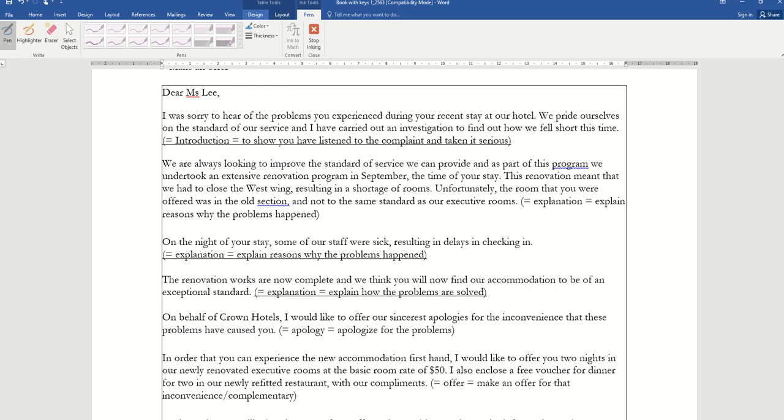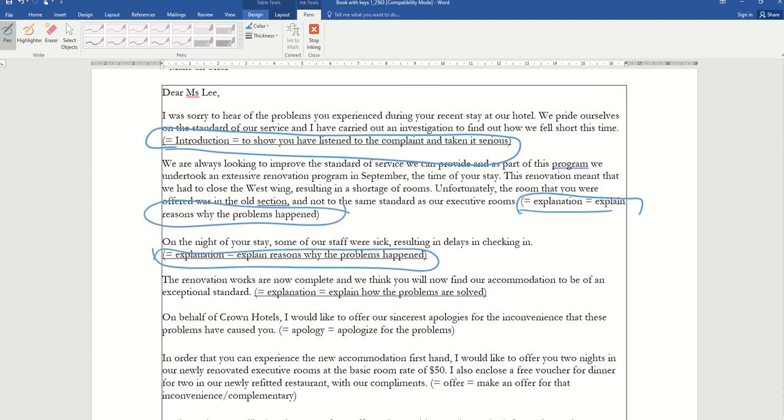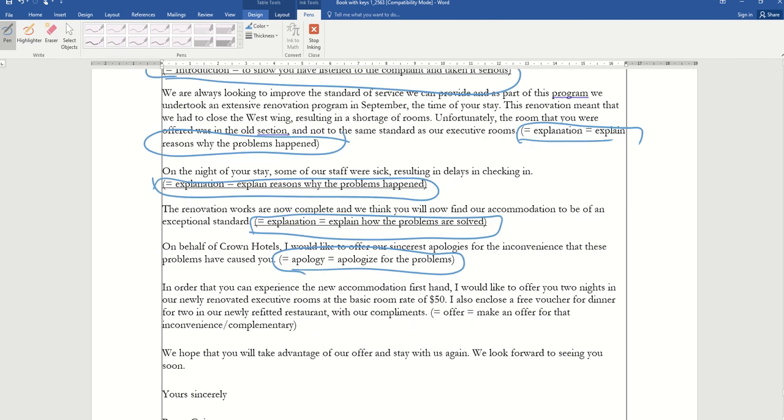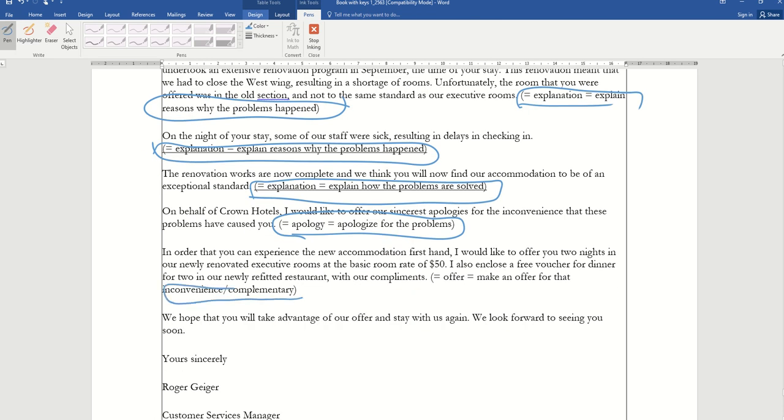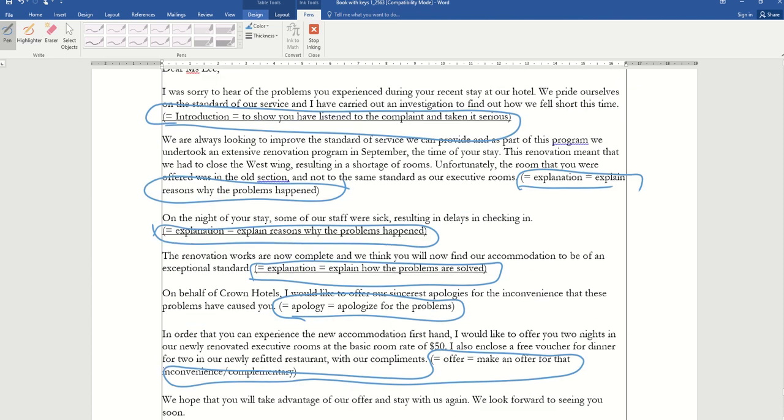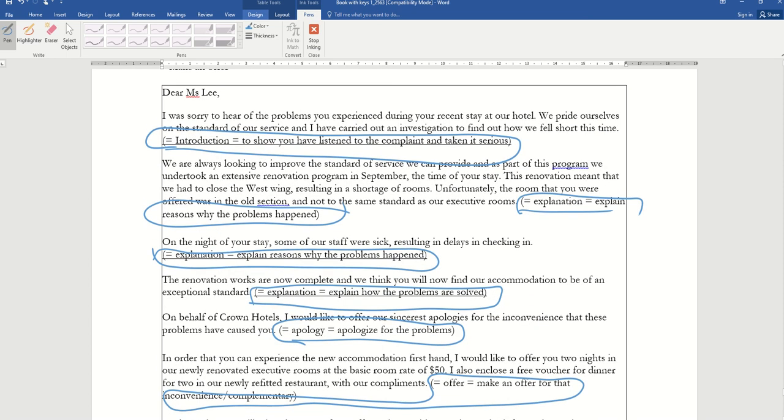As you can see in the parentheses here, this is the function of each paragraph. You can see there are many paragraphs, but each paragraph has its own function. If you understand the format, then you will be able to write an email or the letter according to the format here. You can see there is introduction.